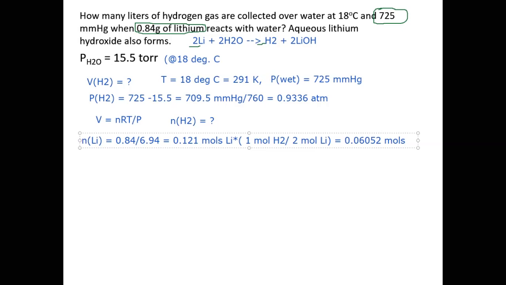Now that we know the moles of H2, we can determine the pressure of H2, or excuse me, the volume of H2.